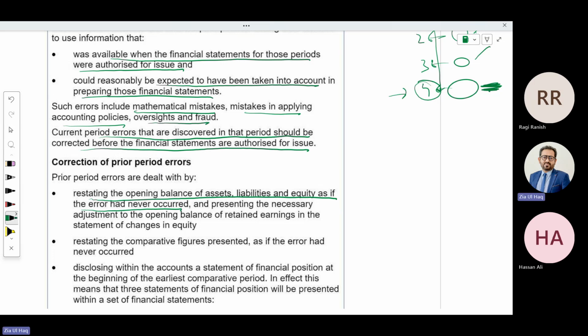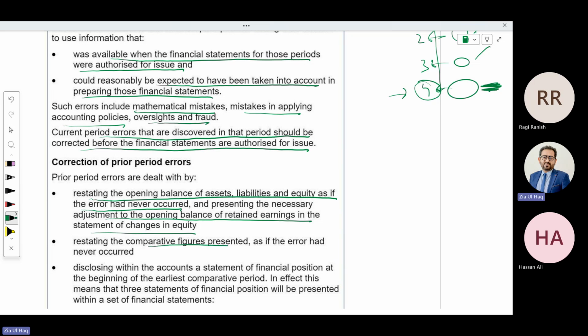If the error has an effect only relating to income or expense, then only the opening retained earnings should be restated. And present the necessary adjustments to the opening balance of retained earnings in the statement of changes in equity. Meaning where retained earnings should be adjusted, in the statement of changes in equity.